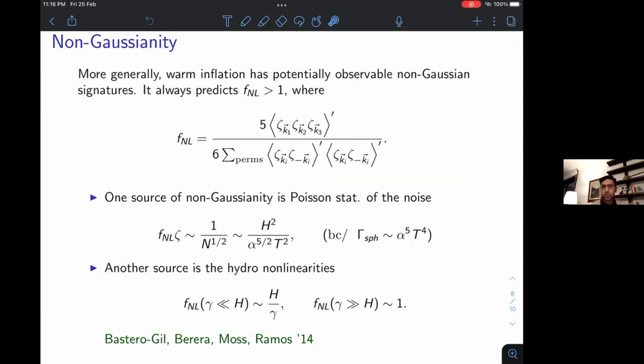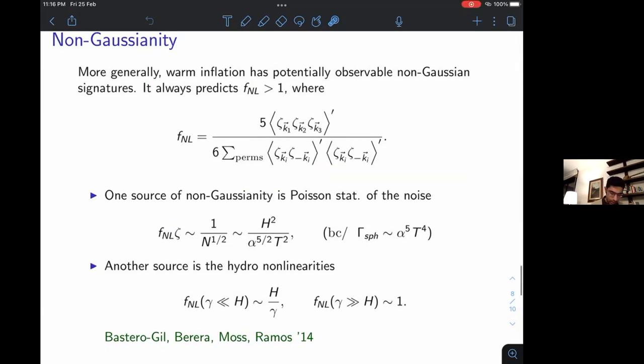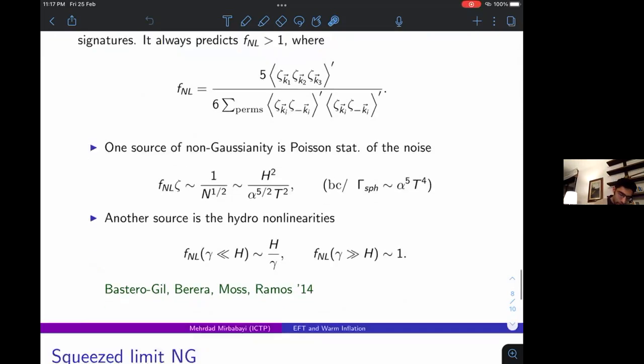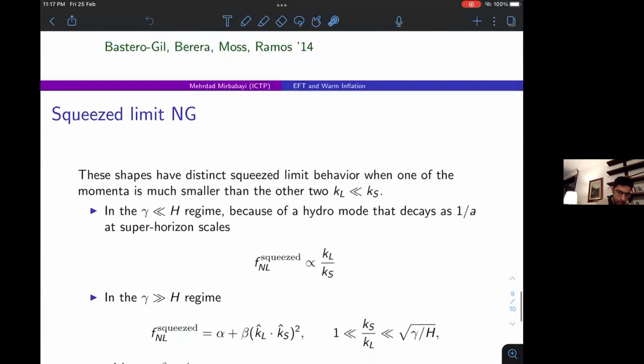And then the other comes just from the nonlinearities of this fluid system that we have, and that only depends on gamma. So again, in this model, just this friction coefficient completely determines the leading contribution to the non-Gaussianity, or this part of the leading contribution. And then there will be one other parameter that adds another shape of non-Gaussianity. In addition, these shapes of non-Gaussianity are rather distinct.